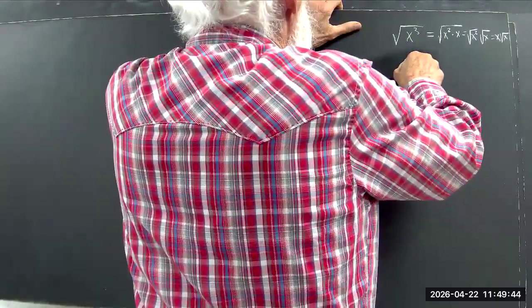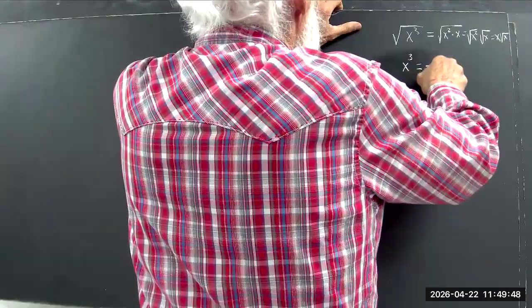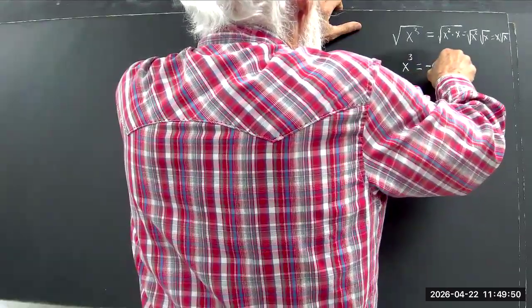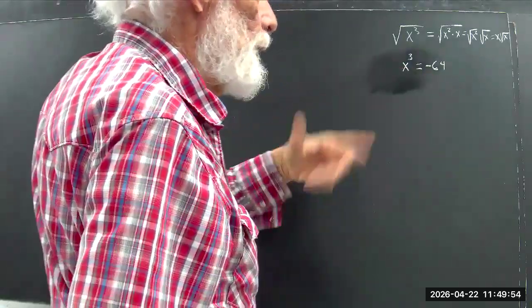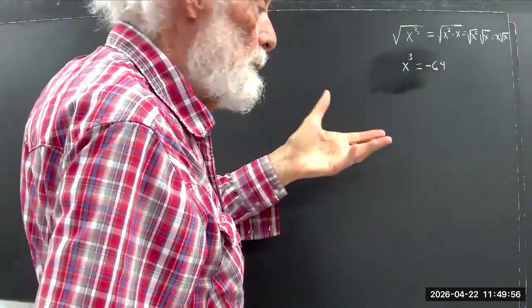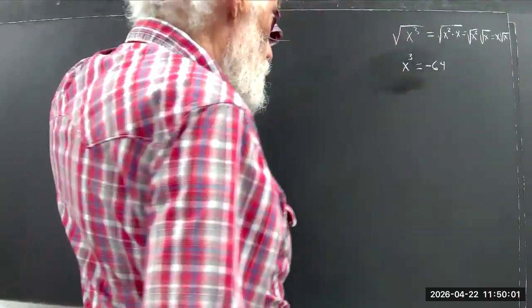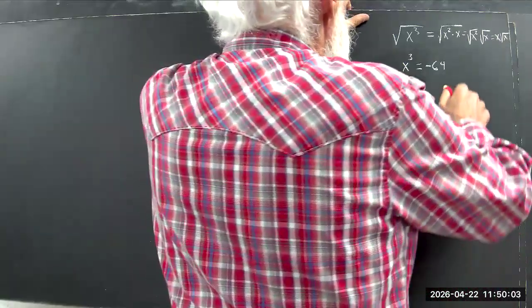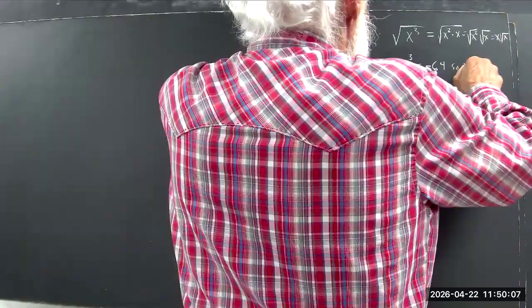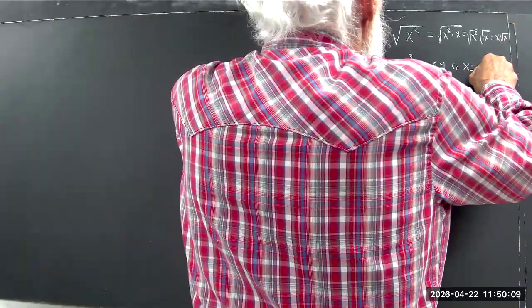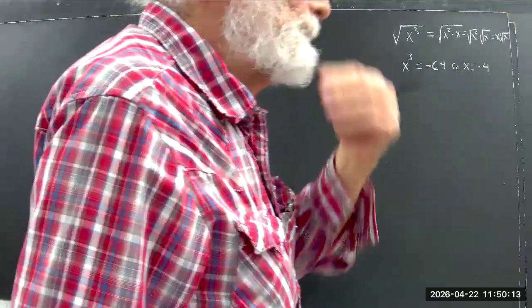Let's say x cubed equals negative 64. Okay, can we solve that? Well, yes, we can. So x is negative 4.